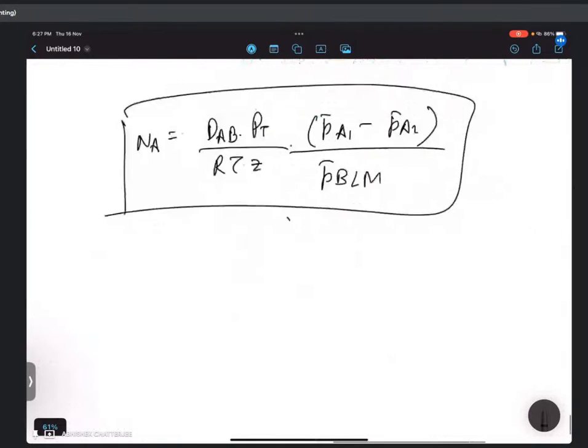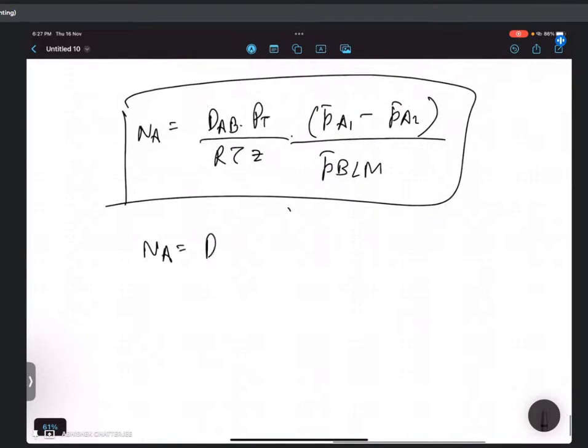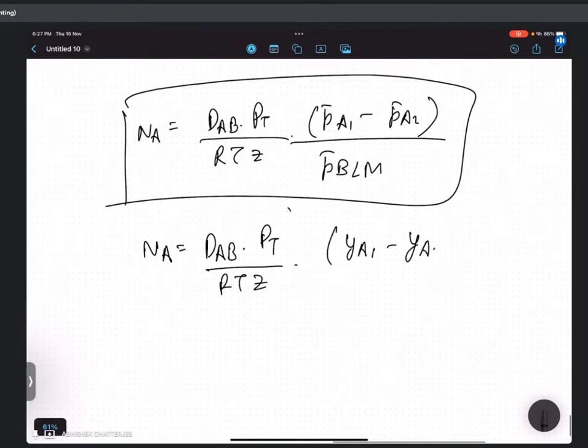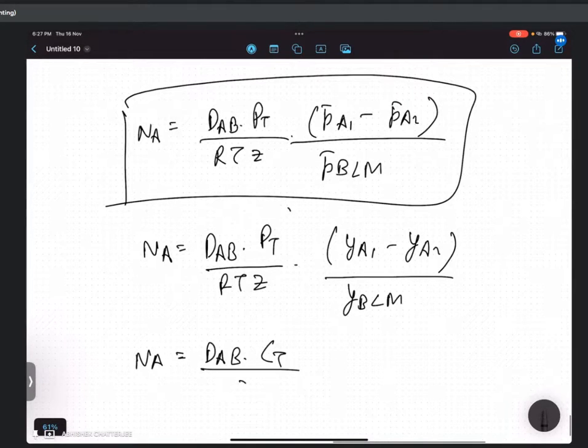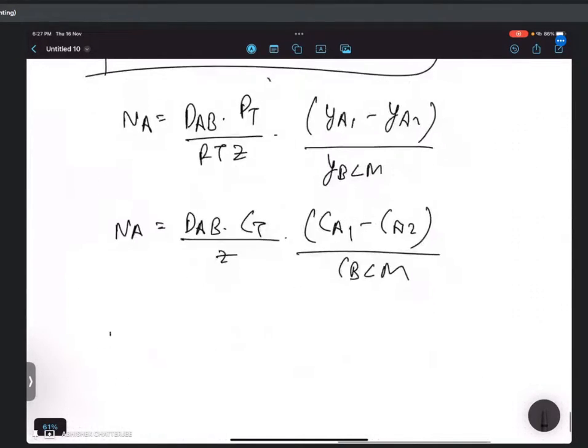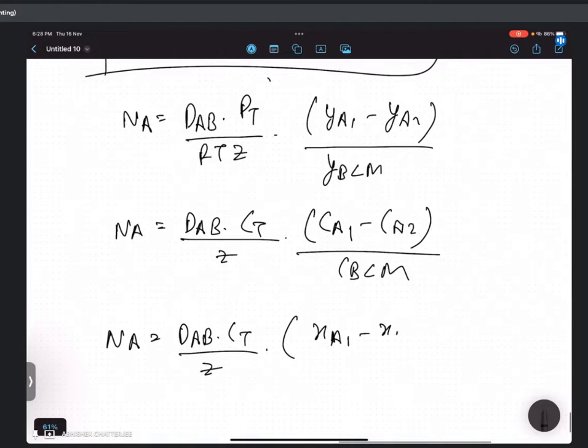In a similar manner, you can represent it in other terms also, like NA is equal to DAB into PT by RTZ into YA1 minus YA2 divided by YBLM. You can represent it in terms of concentration also: DAB into CT by Z into CA1 minus CA2 divided by CBLM, and NA is equal to DAB into CT by Z into XA1 minus XA2 divided by XBLM.